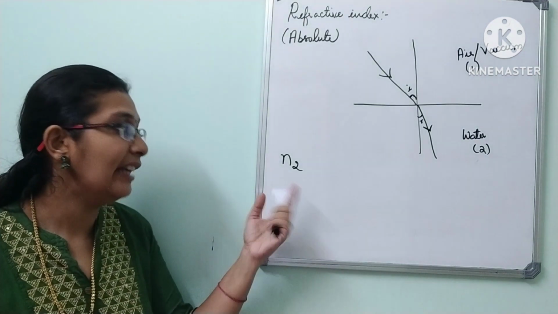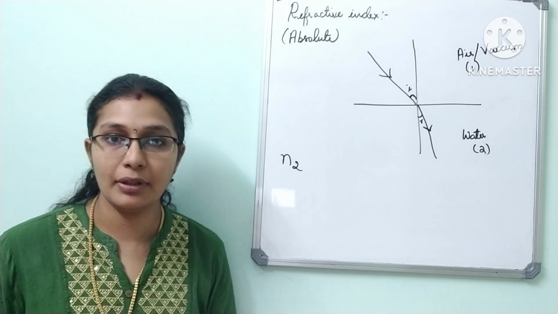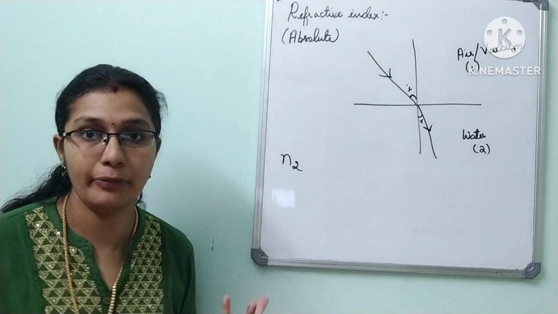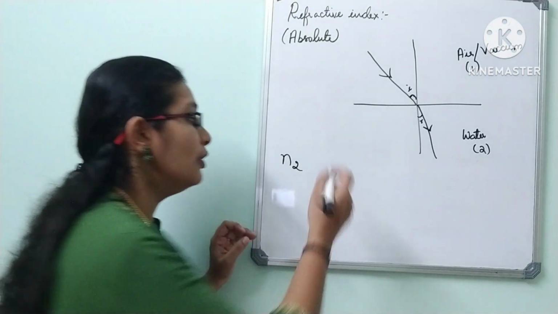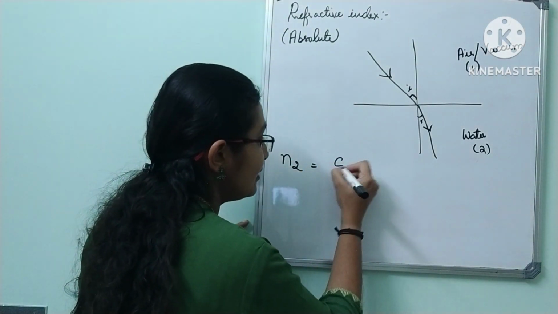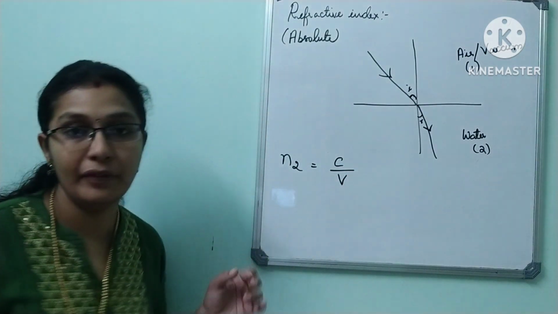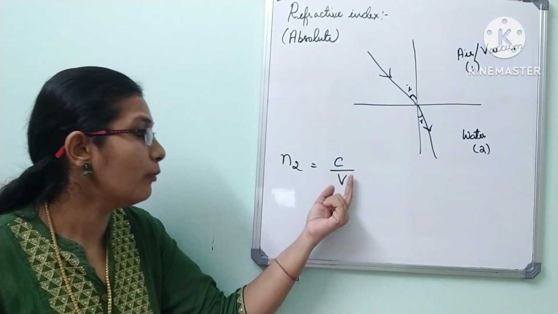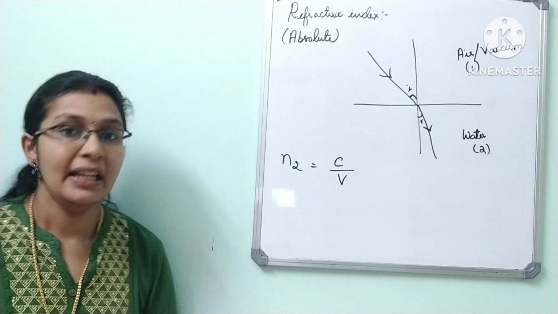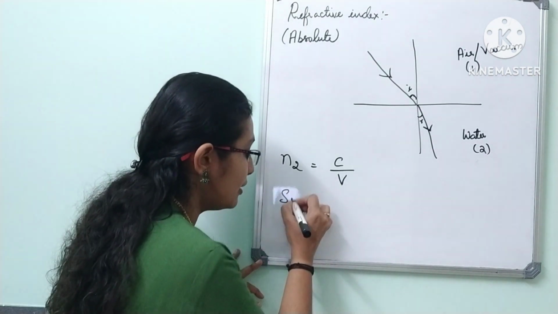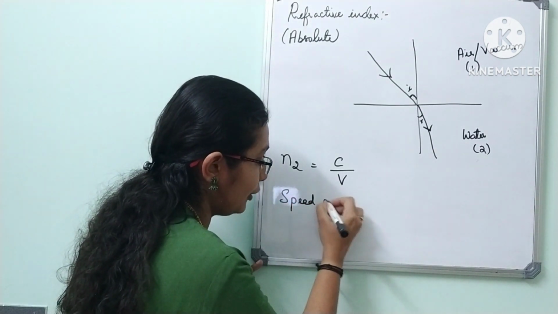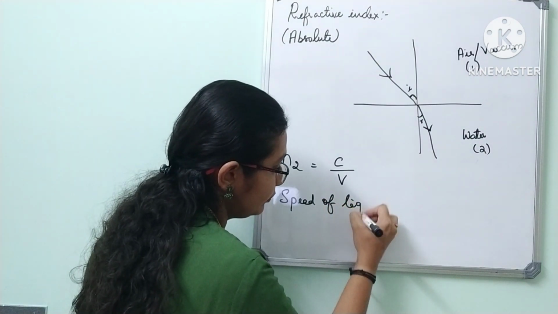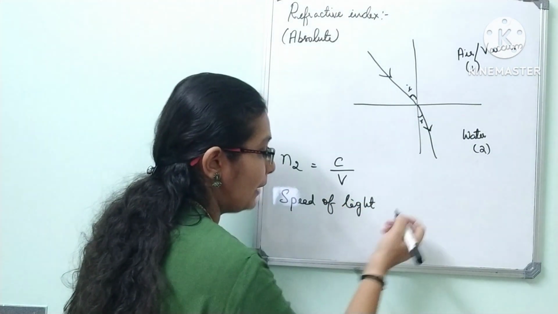So N2 is nothing but absolute refractive index, and you have a formula for this. I'll tell you how it comes. For absolute refractive index, it is given by the formula C by V. So what is this C and what is this V? C is nothing but the speed of light in vacuum or air. It is always compared to vacuum.